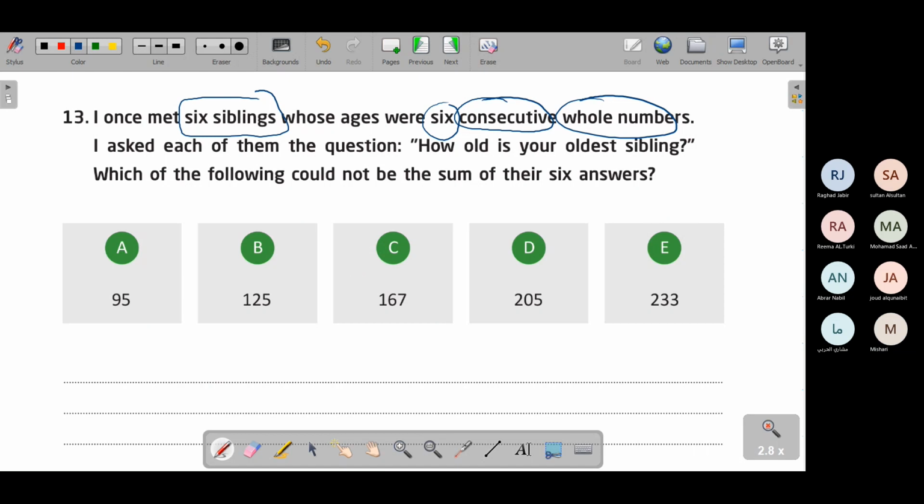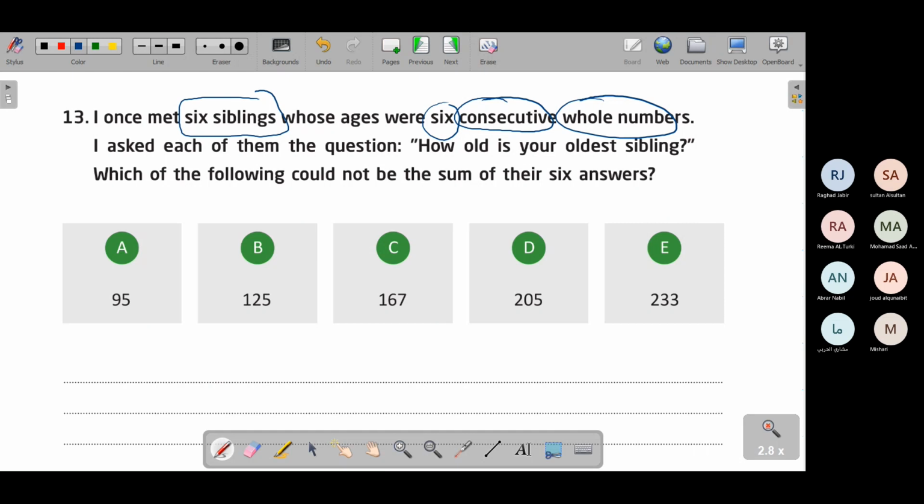If I say give me 6 consecutive whole numbers: 1, 2, 3, 4, 5, 6. Excellent. Do you know their age? No. So I will call the age of the first one what?